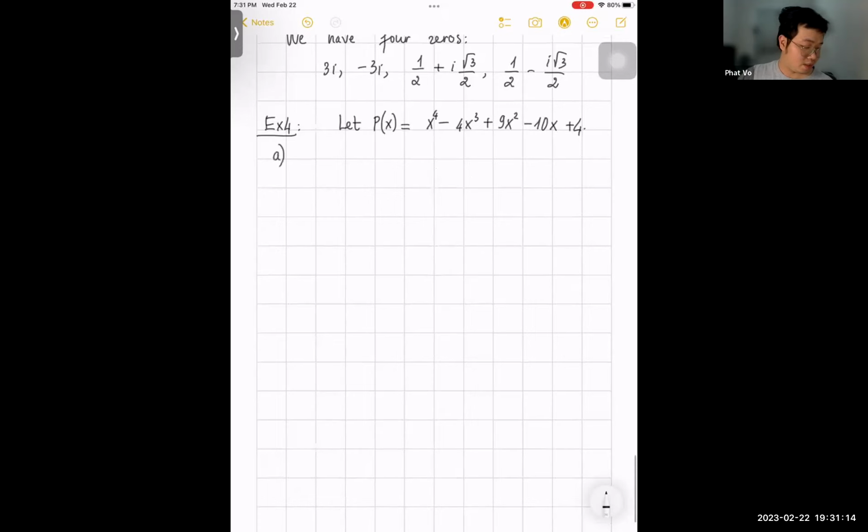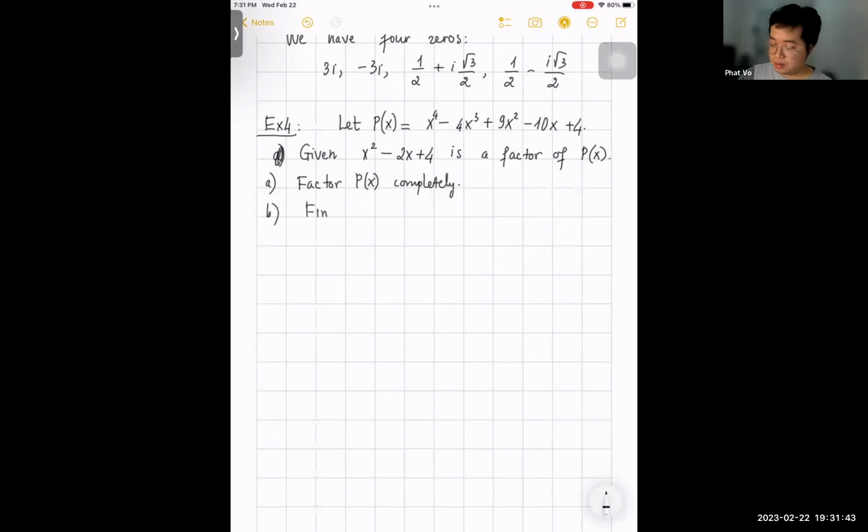Question A: I will give you a factor. Given that x squared minus 2x plus 4 is a factor of P(x), factor P(x) completely. Question B: find all zeros of P(x). Think about this for a few minutes, and I will show you after that.